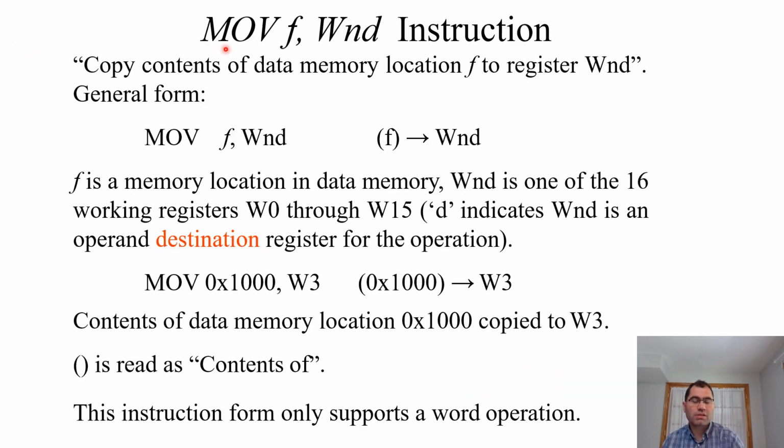Okay, so this is a similar thing, but kind of the opposite. Now, instead of copying the content of a working register to a file register, we're going to copy the content of a file register to a working register. Again, it says here, copy the content of data memory location or file register F to a working register.